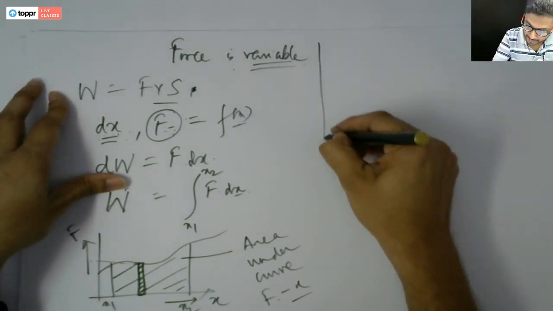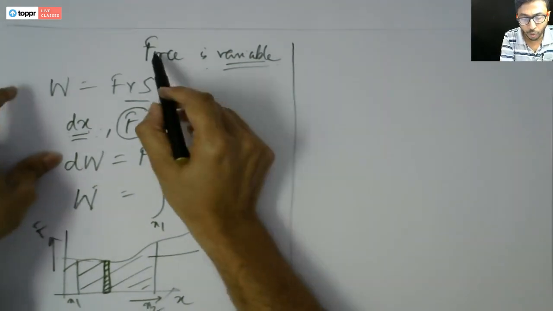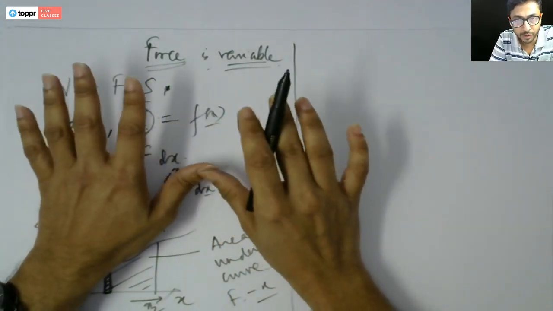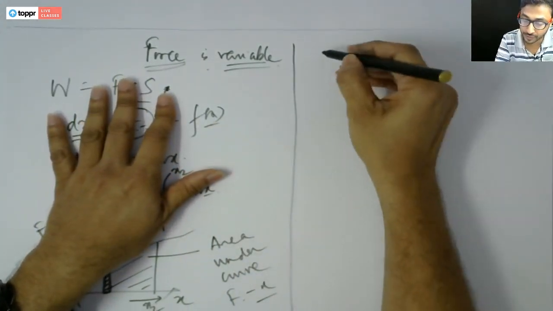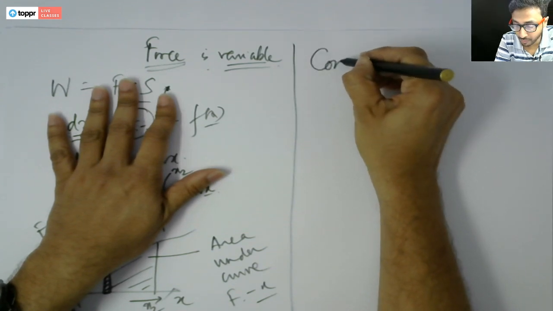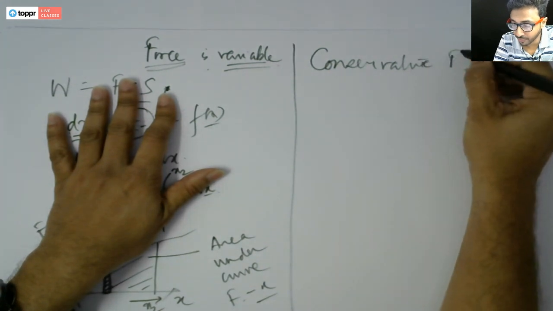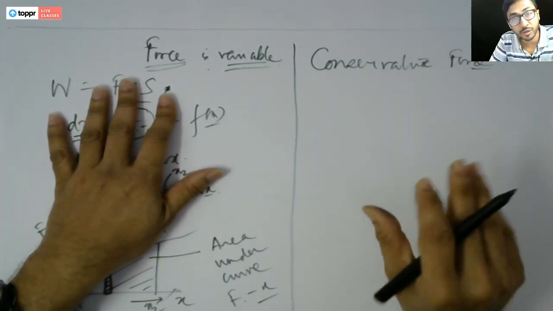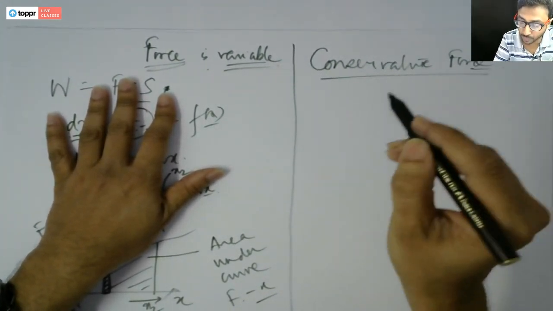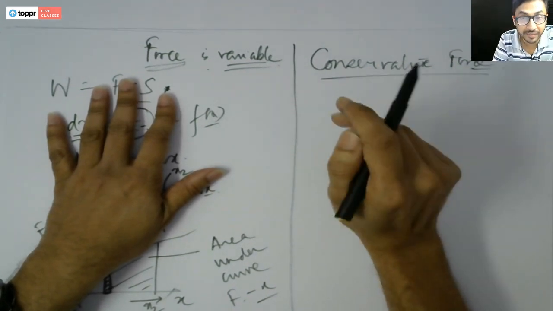Okay, now all these forces we are talking about, there are two kinds of forces. One is the conservative force and one is the non-conservative force. We'll come one by one. What are conservative forces?